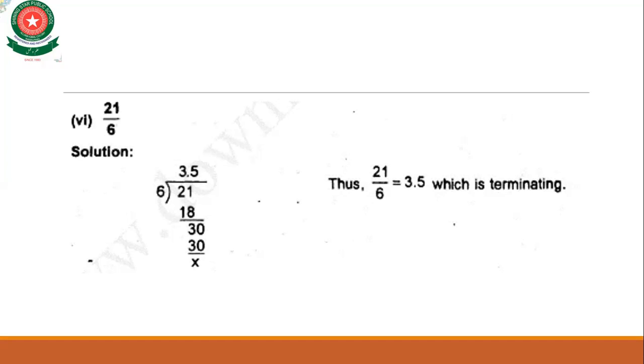Then we know that 3 is less than 6, so we have to put 0 to make it 30, and 6 5s are 30, so the remainder will be 0. Thus 21 by 6 is equal to 3.5, which is a terminating decimal number.